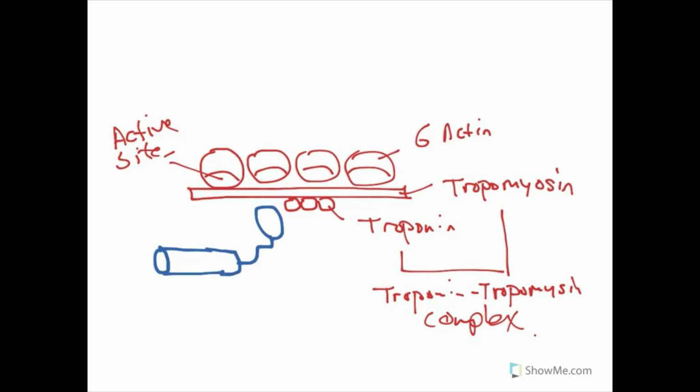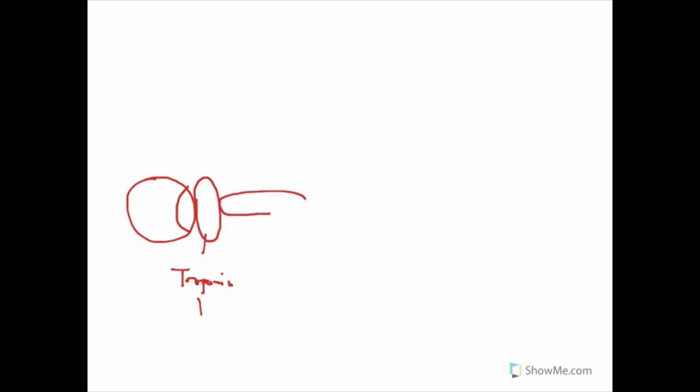A little bit more of a realistic impression of this would be something more like this, where over here, if we had our G-actin and its active site, there is one molecule of troponin here called troponin I. Then there is this molecule here in the middle called troponin C, which has calcium binding sites, 1, 2, 3, 4 of them.